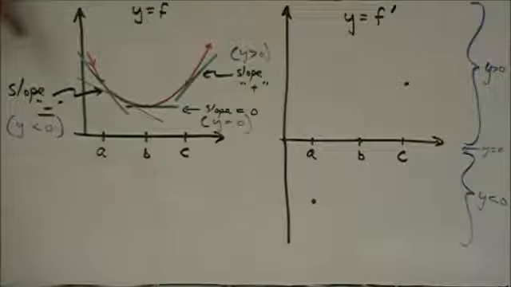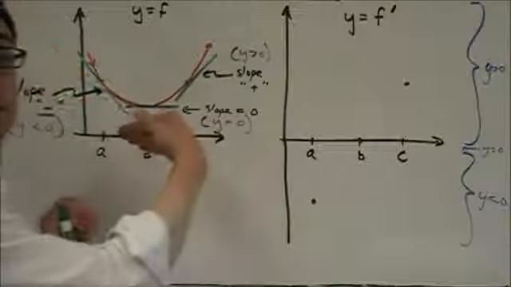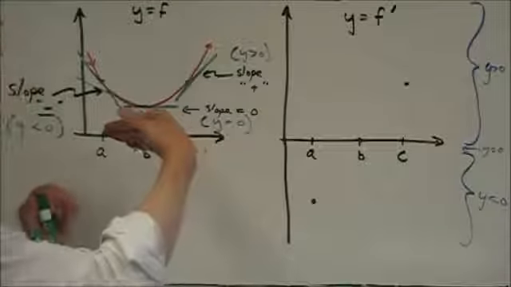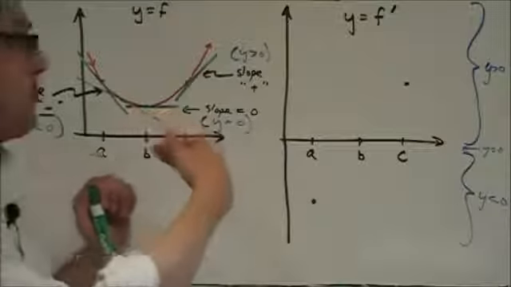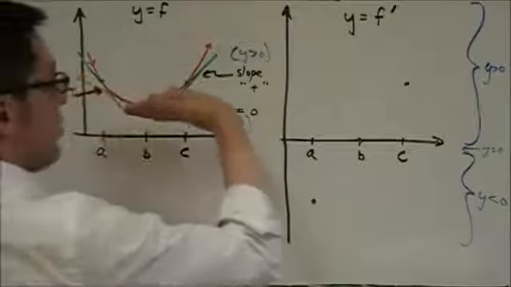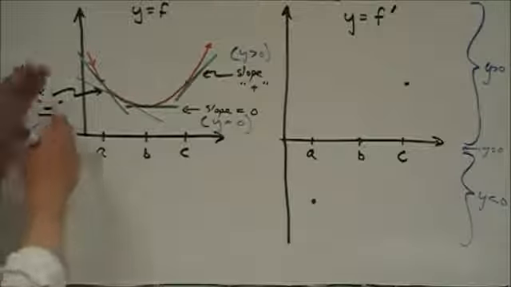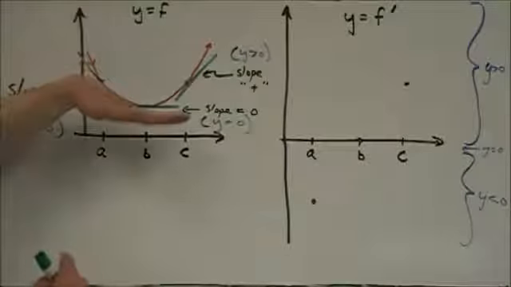Because every time I draw a slope line, it's always going to be pointing in this direction. And as I transition from left to right, from A to B, notice how the slope is going to sort of flatten out and eventually be 0. It starts off negative, and it's going to be less and less negative and eventually be 0. So the slope starts off very negative and eventually is 0.